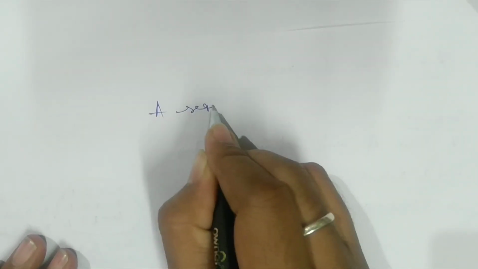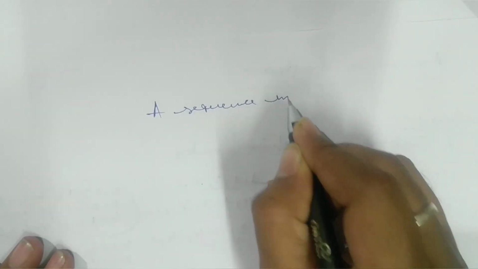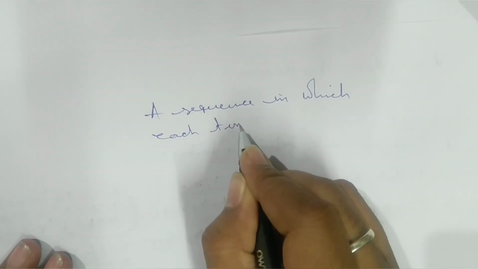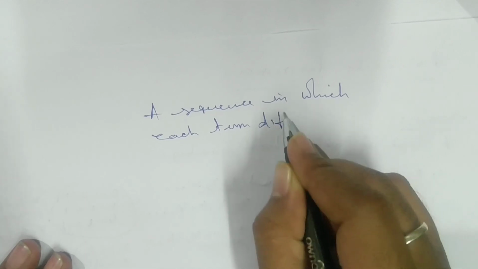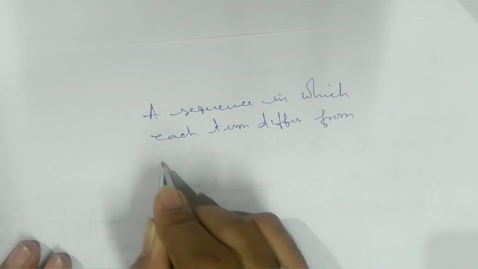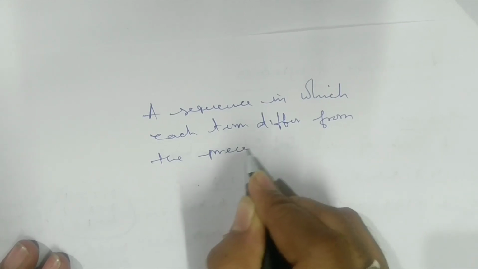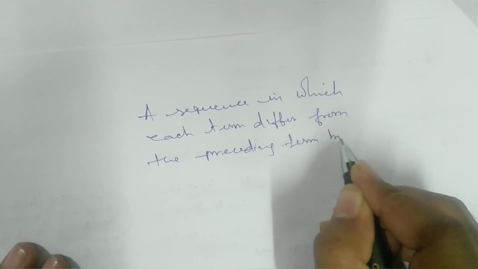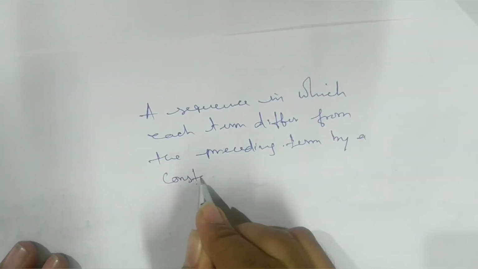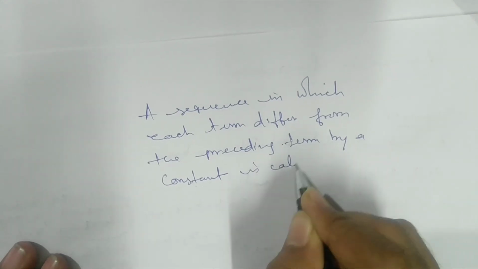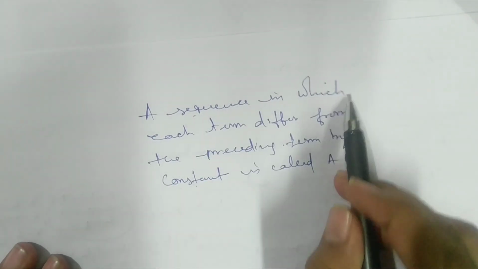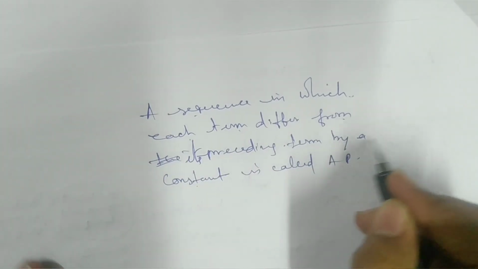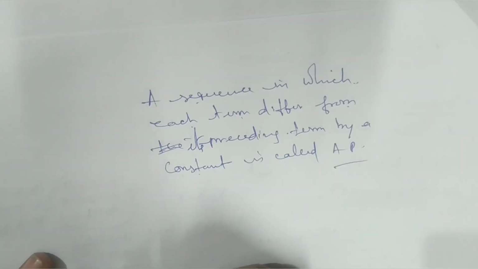A sequence in which each term differs from the preceding term by a constant is called an arithmetic progression. A sequence in which each term differs from its preceding term by a constant is called AP.